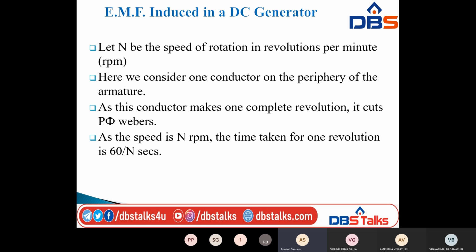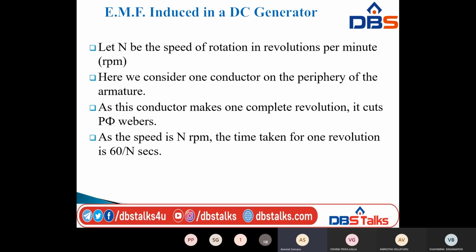And next, as the speed is N rpm, I already said that let N be the rotation speed. So here the speed is N rpm, and the time taken for one revolution is 60 by N seconds. That means if we take the rpm, the revolutions per minute, we have N only.